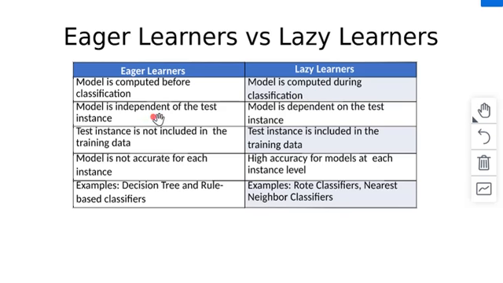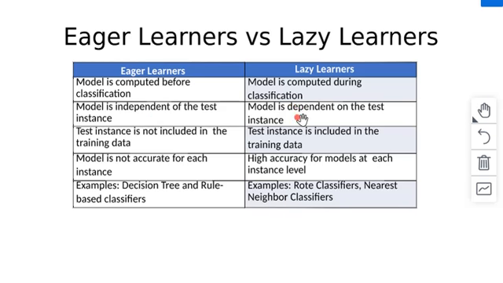In eager learners, the model is independent of the test instance. Why do I call it independent? Because first we train the model completely with the training data, and only once it is trained do we give the test instance.